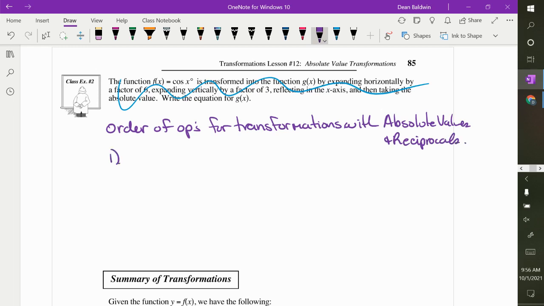If you have absolute values and reciprocals in your function, it sort of tweaks the order.